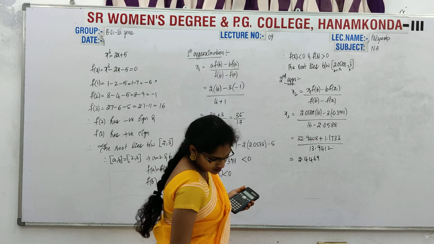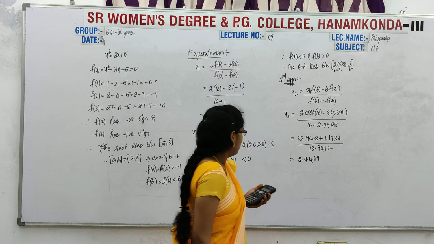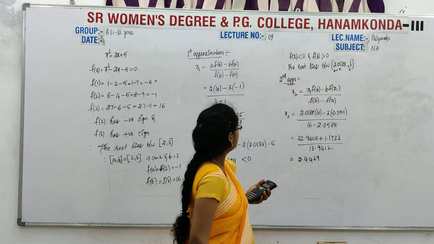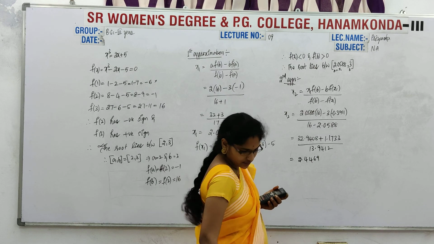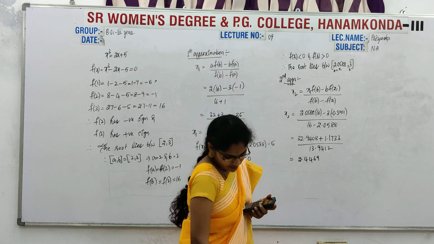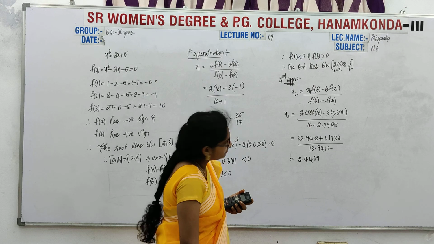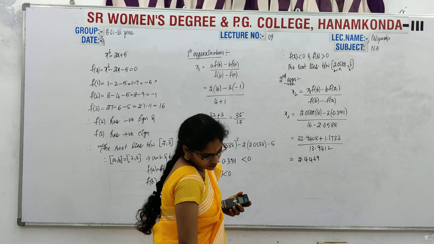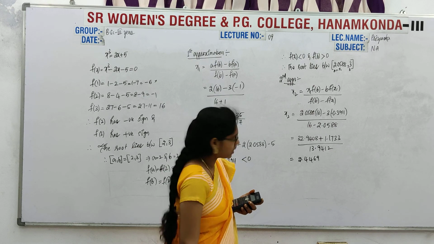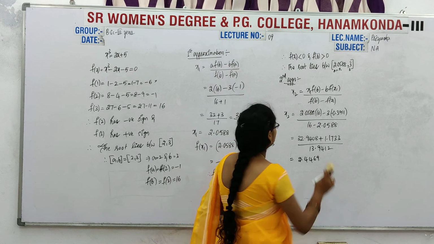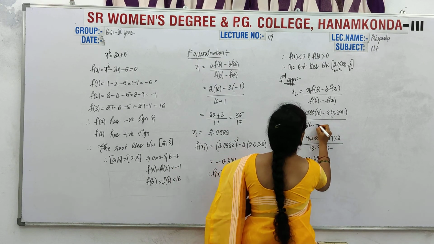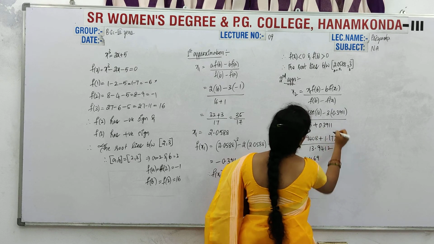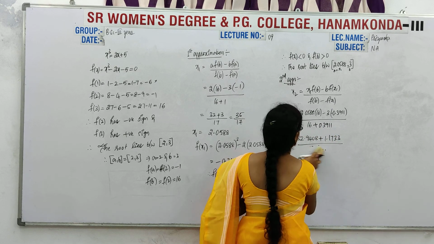What is the value of this x2? Wait, actually we are getting a larger value now. Yeah, sorry. Here I took f of x1 wrongly: minus into minus is plus 0.3911. It's my mistake.